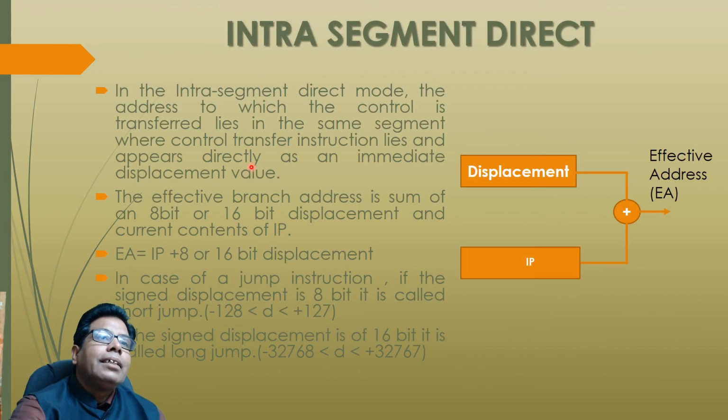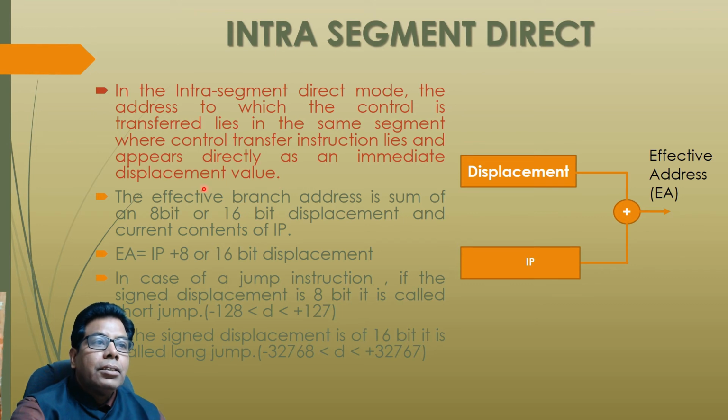First is intrasegment direct. Now in intrasegment direct mode, the address to which the control is transferred lies in the same segment because it is intrasegment. Then the address to which control is transferred appears directly as an immediate displacement value in the instruction.